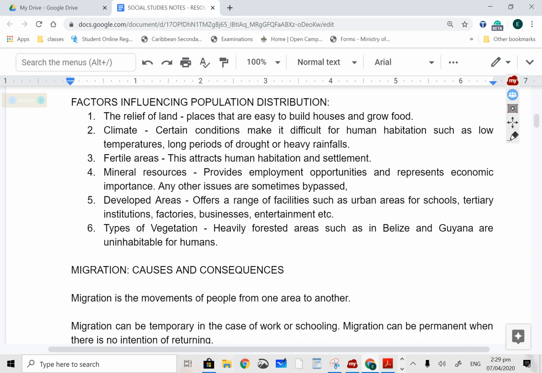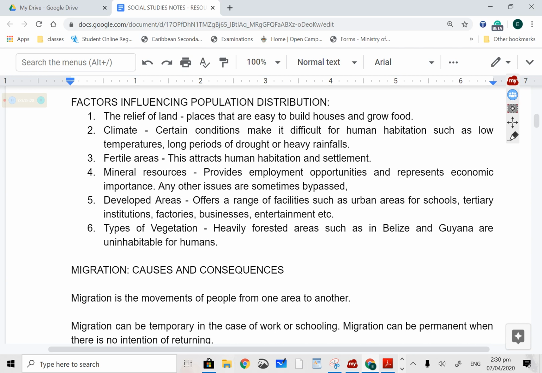The other aspect is your climate. Certain conditions make it difficult for human habitation, such as low temperatures, long periods of drought or heavy rainfall. Where do we have low temperatures? Like the Arctic area and so forth, right?